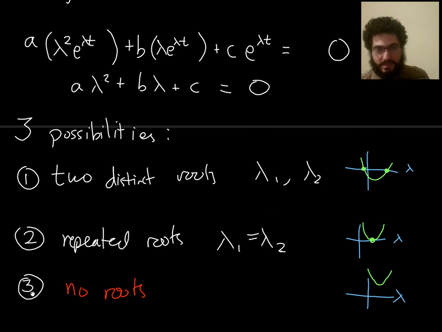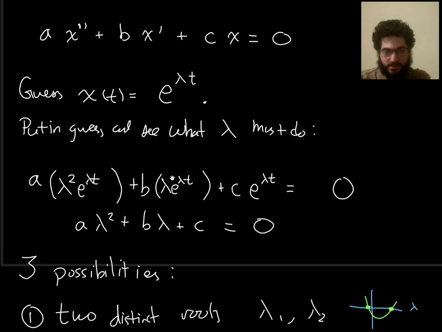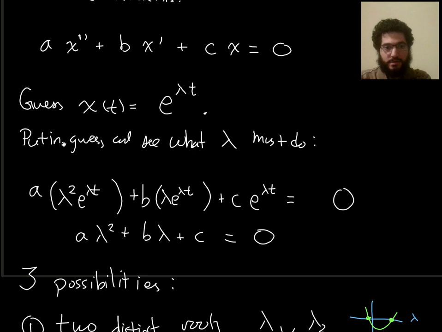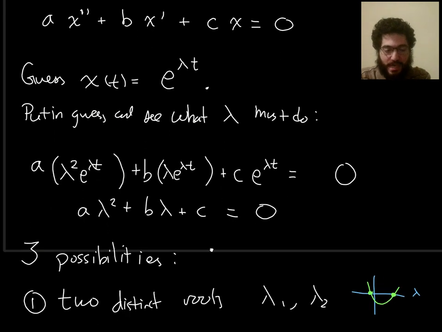In the no roots case, it sounds like, well, the guess was bad, I guess. We got no solutions. This cannot be solved. The thing that lambda must do in order for this to be a solution is an impossible demand that lambda can never achieve. And so there simply isn't a solution of the form e to the lambda t. That was a bad guess.